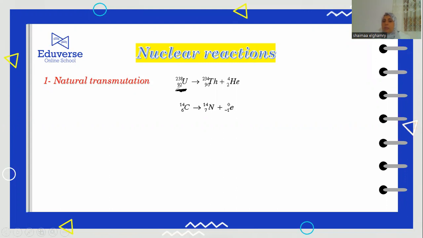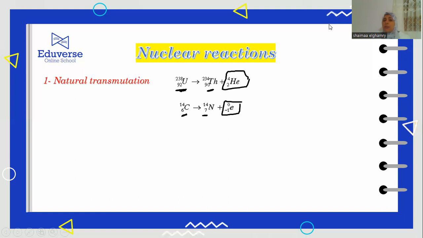The first example: uranium makes alpha decay, producing an alpha particle, to get thorium, which is more stable. Carbon-14 makes beta decay to produce nitrogen, which is more stable.